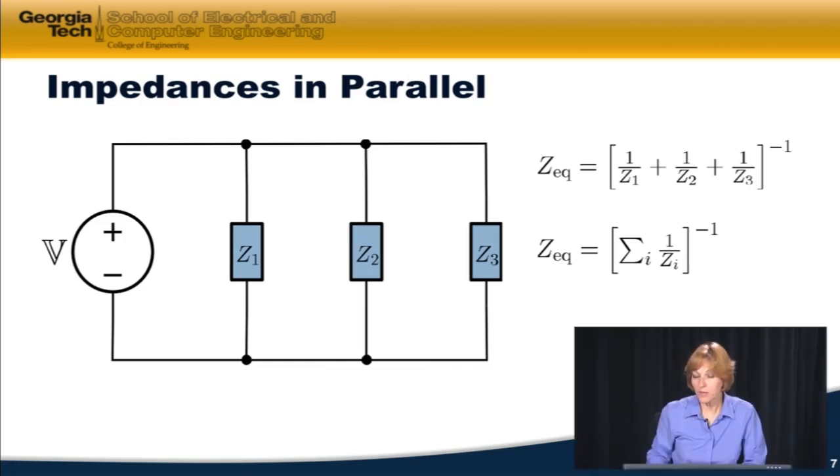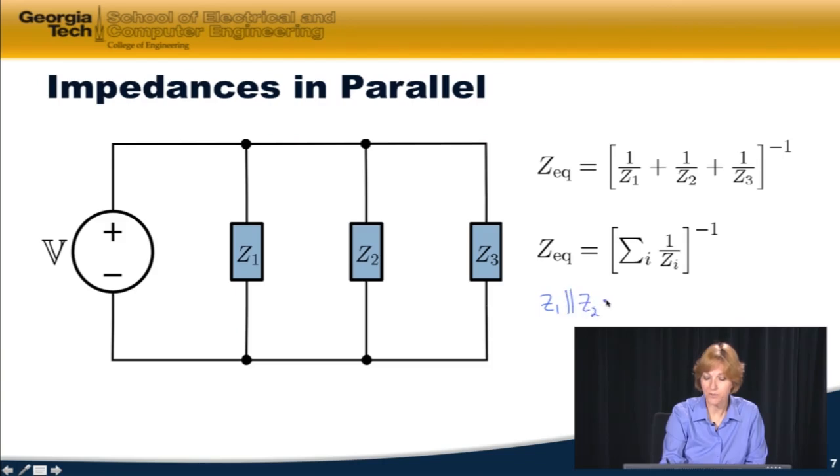Impedances in parallel. Well, I treat them just like resistors in parallel, which I get by inverting 1 over each one of them. And it's usually easier to think of it in terms of if I have two resistors in parallel. In other words, if this resistance isn't there, if I only have these two impedances, so I'm going to write Z1 in parallel with Z2.